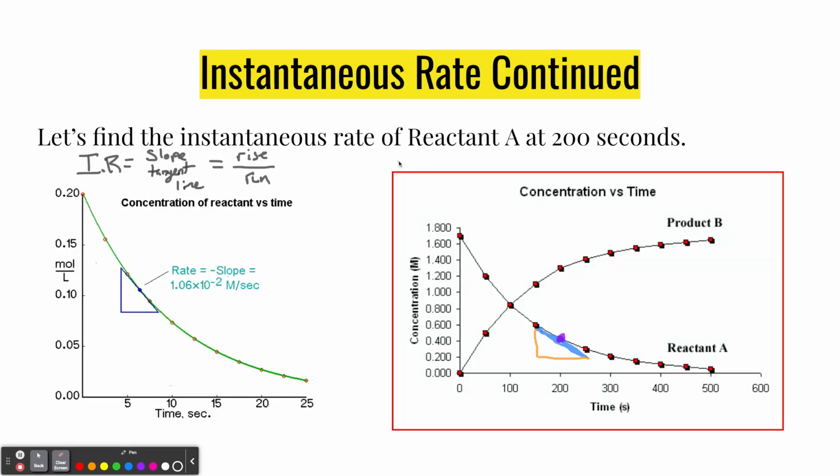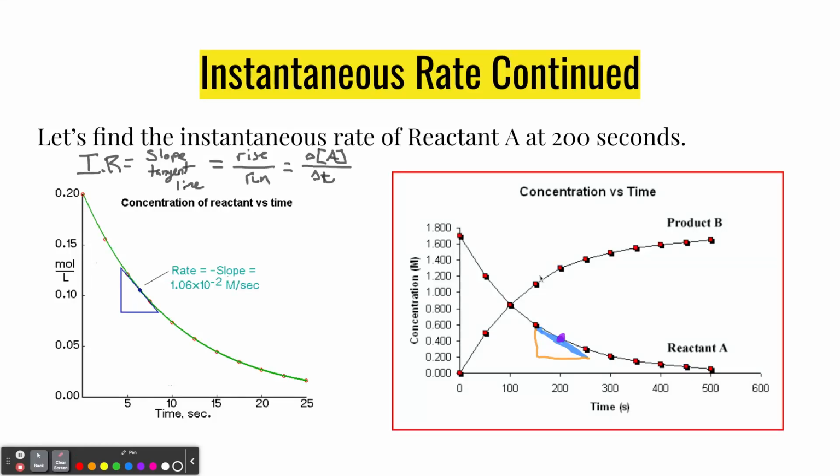And since it's rise over run, folks, we also know that my rise is my y-axis, so that's going to be my change in concentration of A from these 2 points, divided by my change in time, which is my run. And how do I know that's my run? Well, the x-axis is time, right?